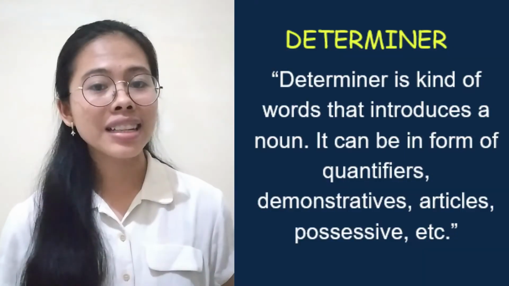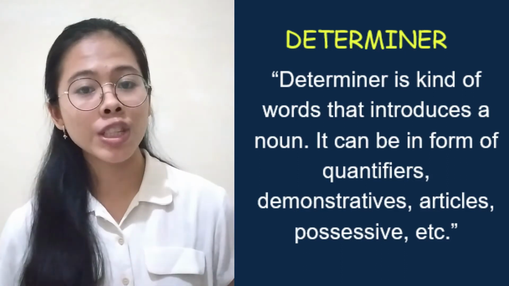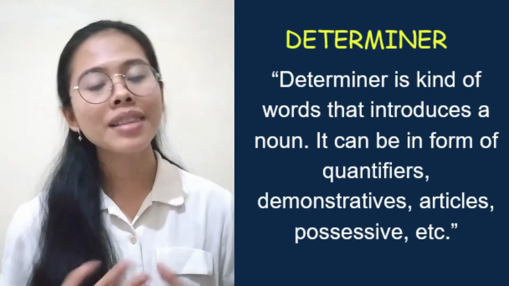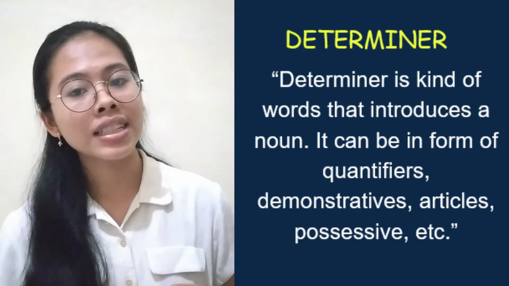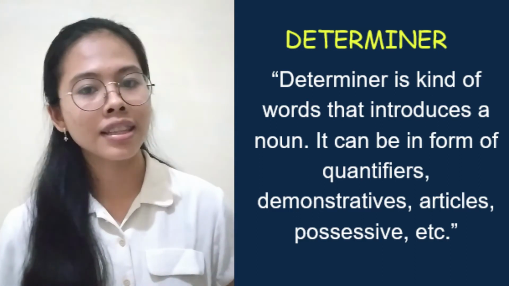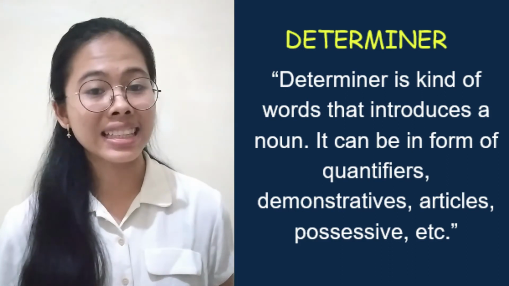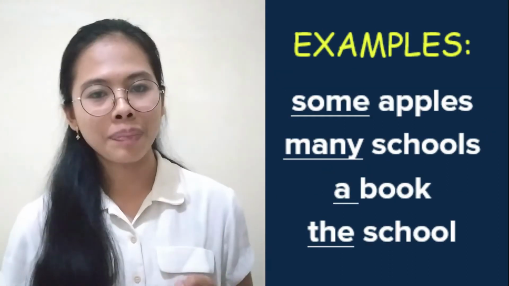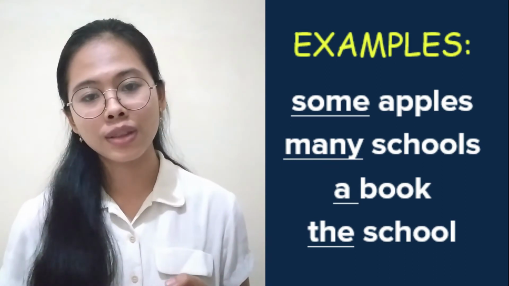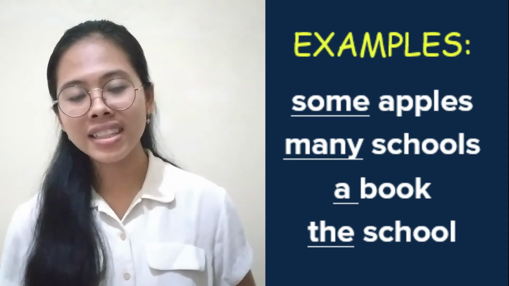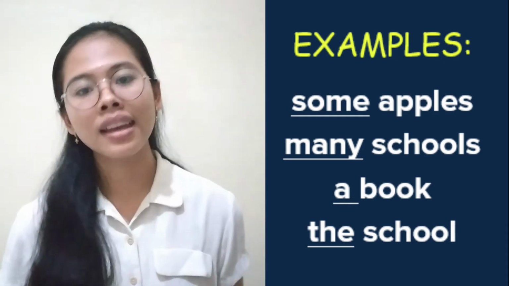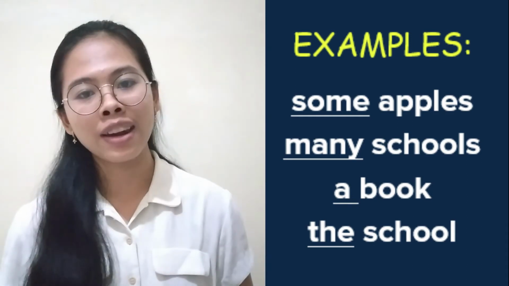A determiner is a kind of word that introduces a noun. Usually, determiners can be in the form of quantifiers, demonstratives, articles, possessives, and many more. Take examples: some apples, many schools, a book, the school. So all those words like some, many, a, and the are kinds of determiners.